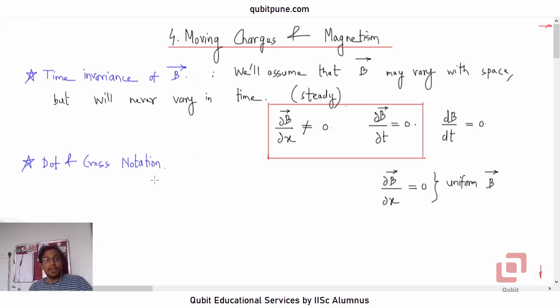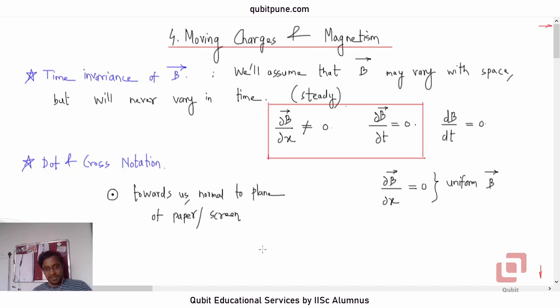Number 2, dot and cross notation. What does that represent? A dot drawn on paper tells us that the magnetic field's direction is towards us, normal to the plane of paper or screen.